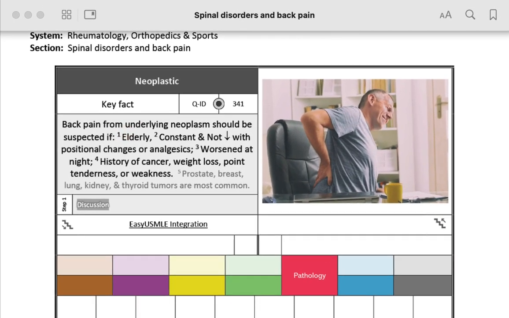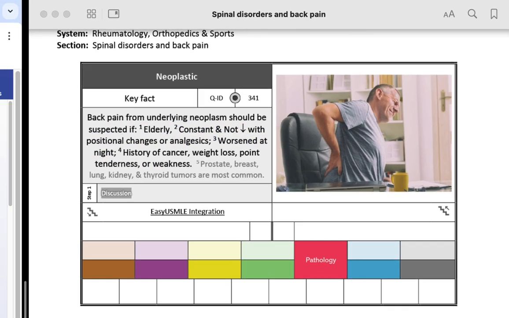So look at the note here. Back pain from an underlying neoplasm should be suspected if elderly, okay, that's fine. But look now, constant and not decreased with position changes or analgesia, and also worse at night. All these are present in this patient.